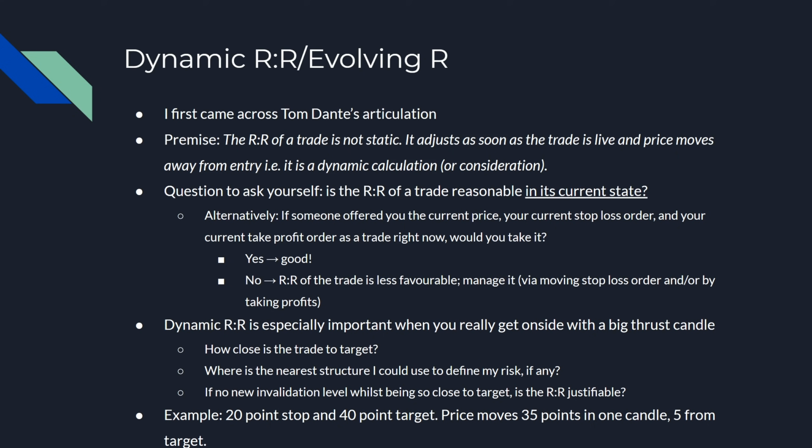The question to ask yourself as the trade is developing is: is the risk-reward of the trade still reasonable in its current state, not the state during which the trade was taken at first? If you take a 1 to 2 risk-to-reward trade and then price moves significantly towards target or significantly towards your stop loss, that risk-reward has changed as price has changed.